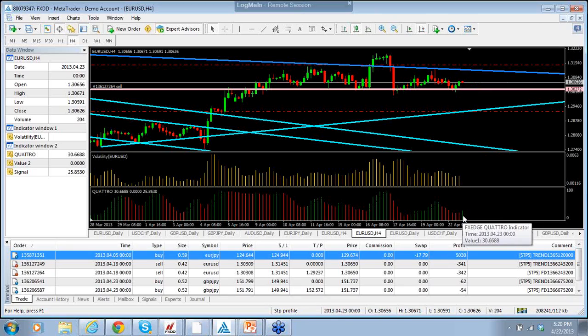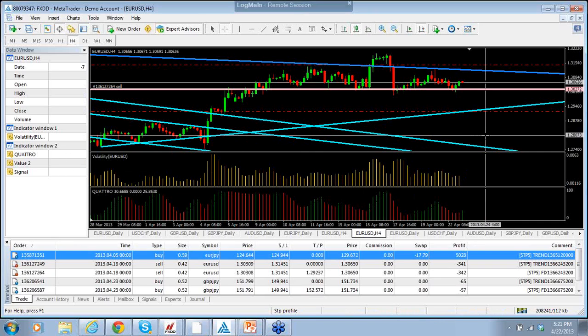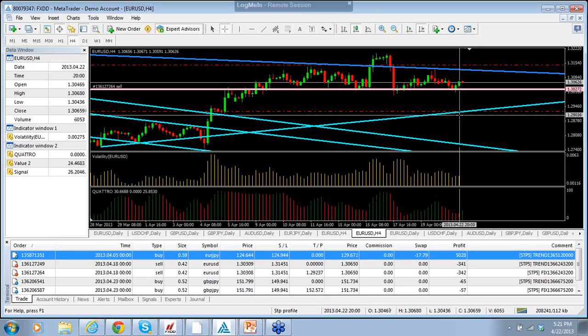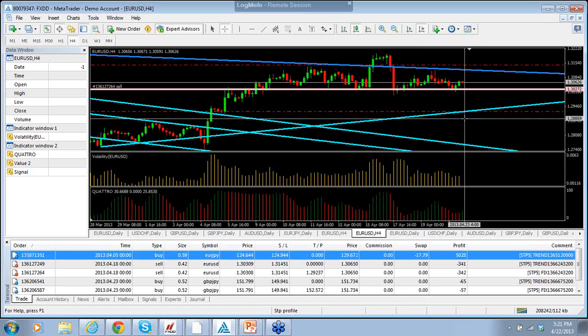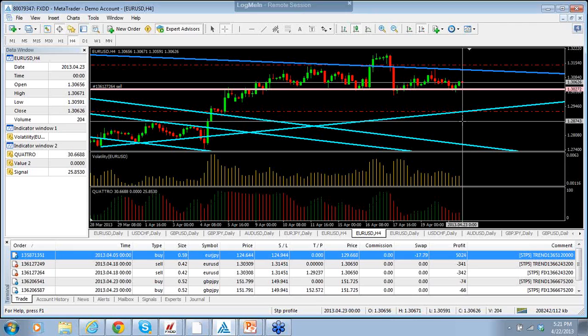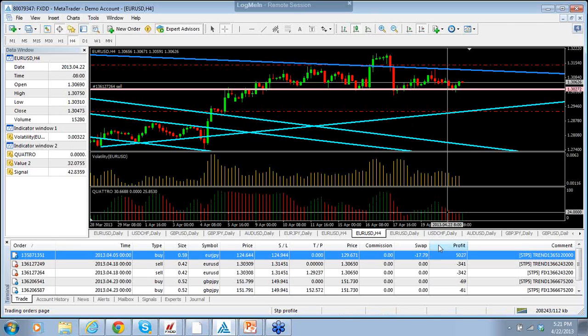And basically, guys, we're going to change from red to green, give us a buy trade, 130.65. Oops, sorry. Yeah, actually, this one's trying to form here, so we may very well see a FxEdge Quattro trade come out of this very soon.